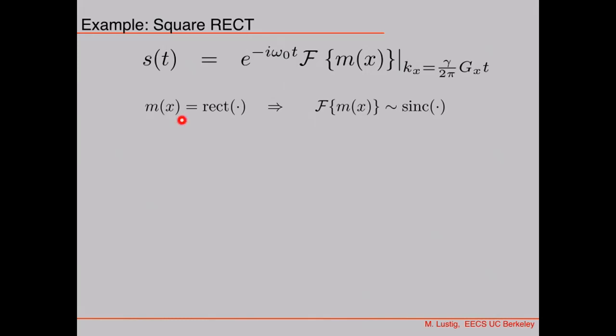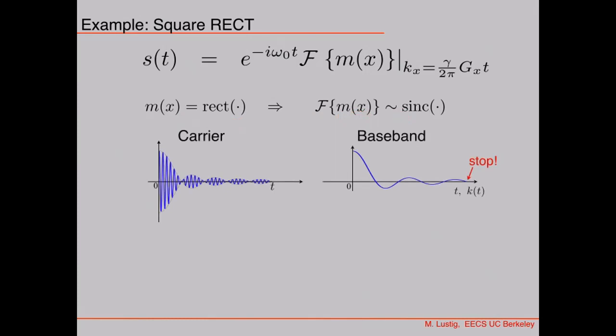So if m(x) is some rect, then the Fourier transform of m(x) is a sinc. That means that the signal that we're going to pick up is going to be a sinc evaluated where? Well, at time t equals 0, it will be evaluated at 0.